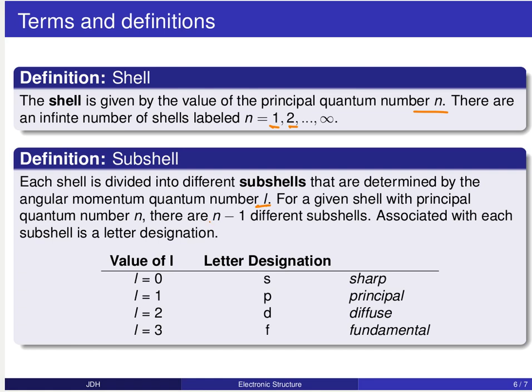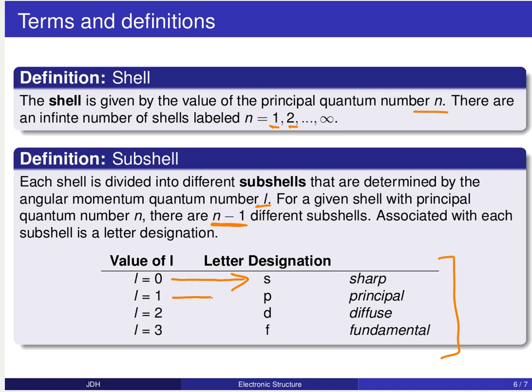And so, of course, according to our quantum rules here, there are going to be n minus 1 different subshells for any given shell n. And for some historical reasons that are rooted in spectroscopy, we have some little letter designations that we use for referring to the different subshells or the different possible values of L. So if L equals 0, we talk about this orbital description as being an s orbital. Okay?